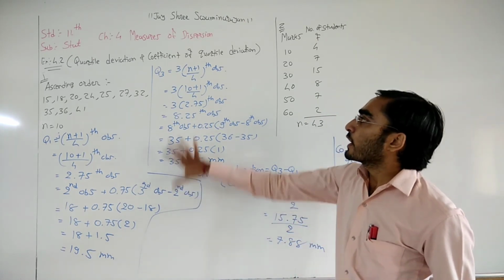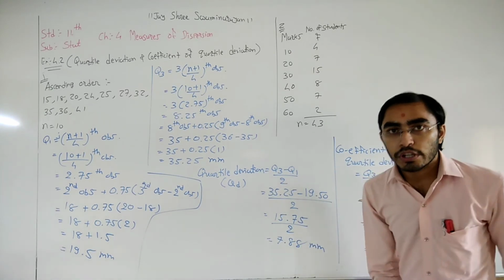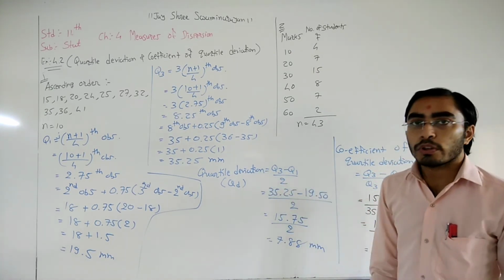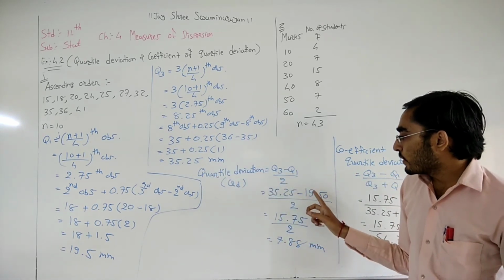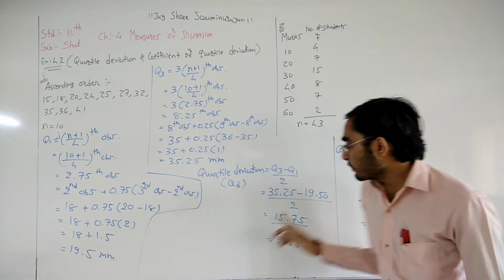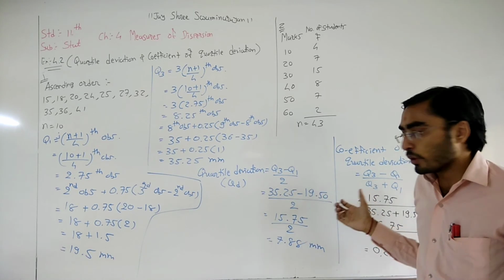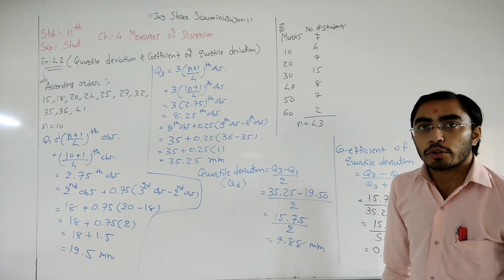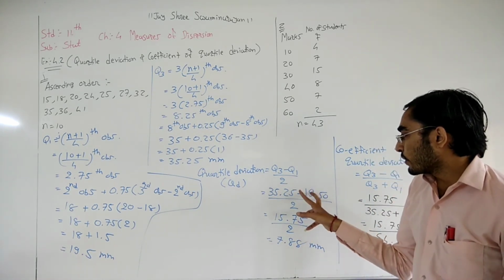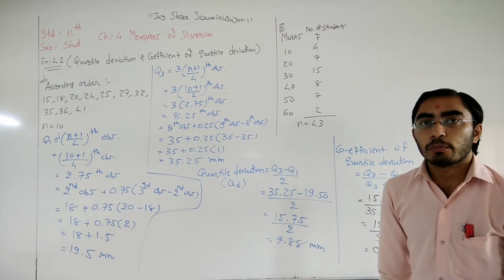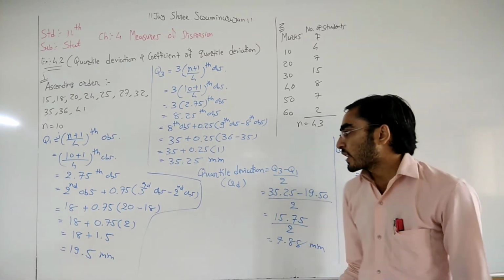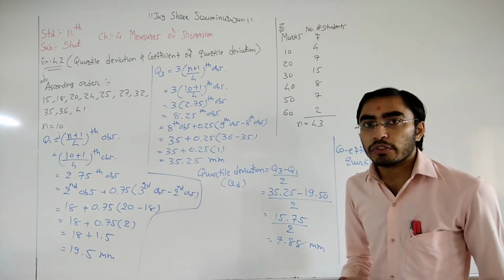After that, from that we can find the quartile deviation QD. Right, so it is (Q3 minus Q1) by 2. Q3 is 35.25 minus Q1 is 19.5, divided by 2. Subtract this number, you will get 15.75 divided by 2, 7.88 mm, and this is an absolute measure, right?